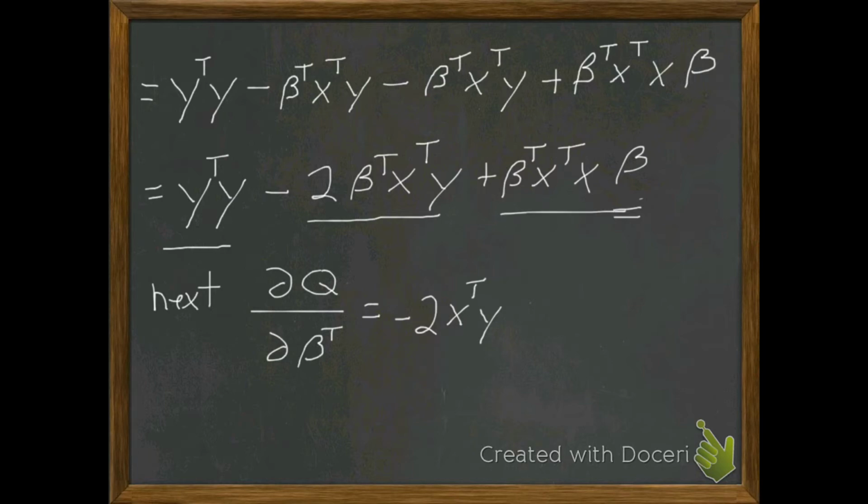And this term right here, with respect to beta transpose, we have x transpose x beta. Works out nicely because we want to ultimately solve for beta.